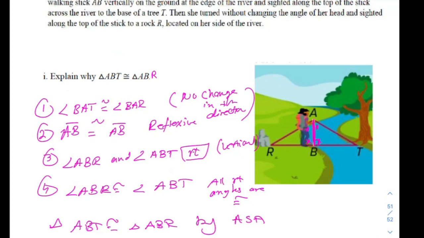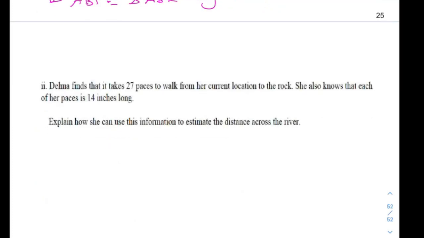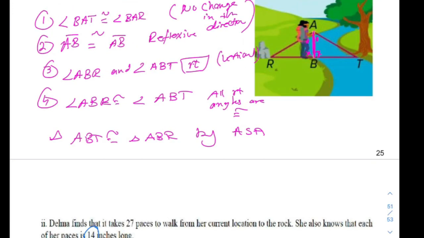Now Tilma finds that it takes 27 paces to walk from her current location to the rock. She also knows that each of her paces is 14 inches long. Explain how she can use this information to estimate the distance across the river. Now, first, we will find BR. As you see here, BR is this one.